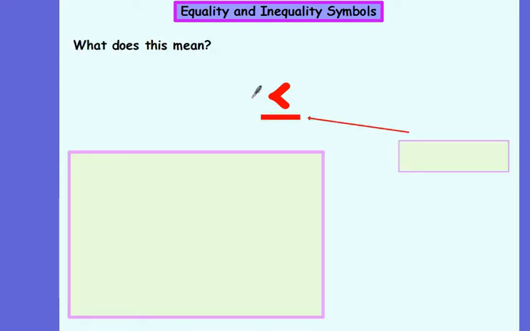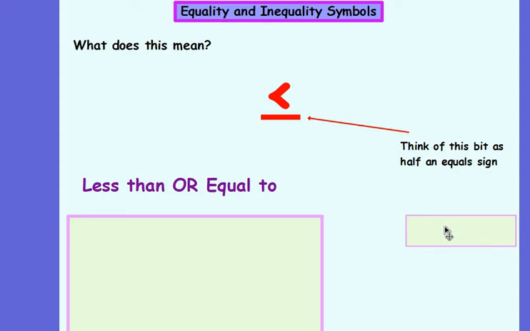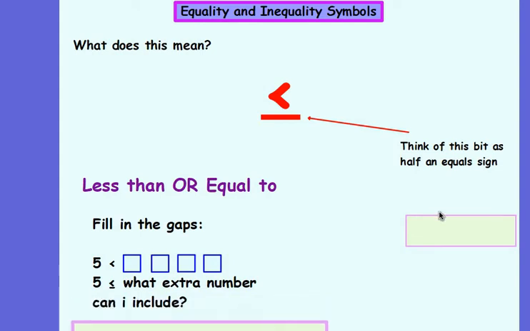So what do you reckon this means then? Bradley, what do you reckon this means? Well, I've got that little line underneath it. This means less than or equal to. Think of the line as half of an equal sign. So previously we said that 5 was less than, and we wrote down lots of numbers: 6, 10, 100, a million.